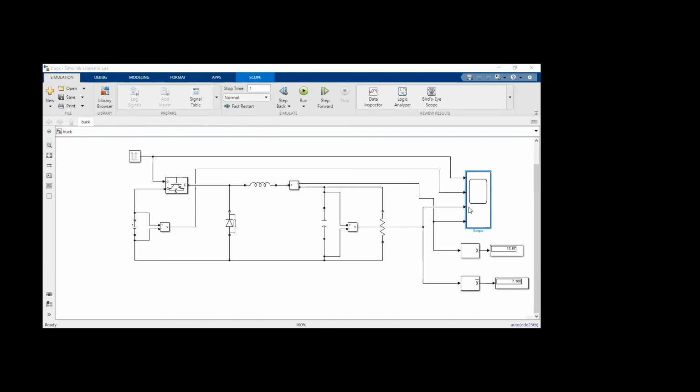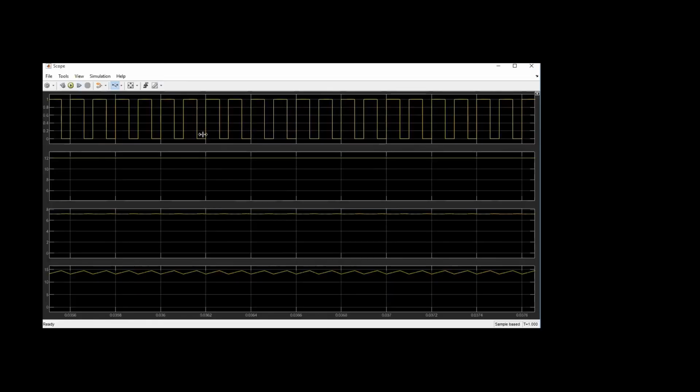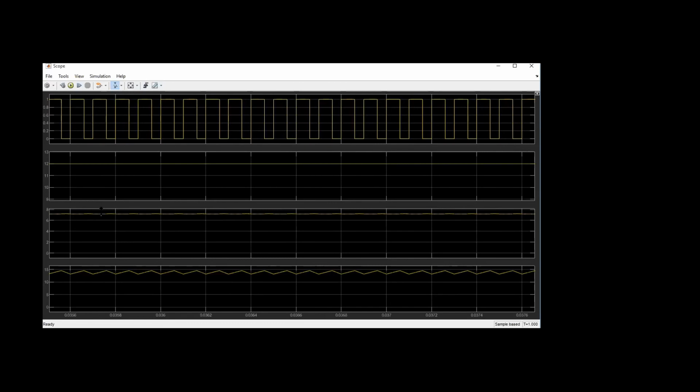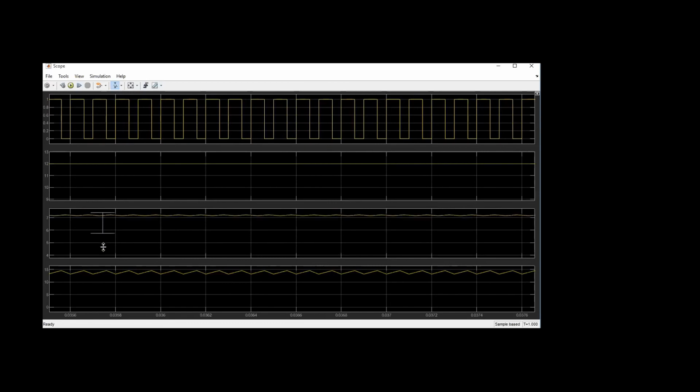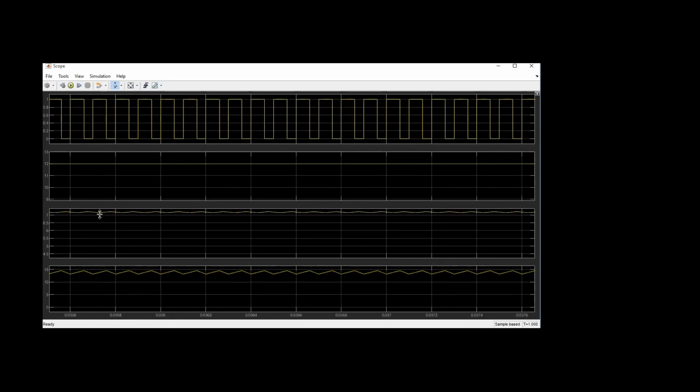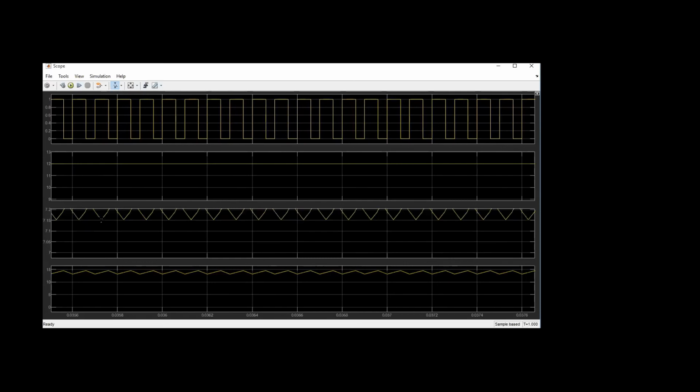So now, if I want to see properly, this is the pulse width. The input voltage what we have considered, if you observe here, this is the input voltage of 12 volts. This is the output voltage. You see clearly?